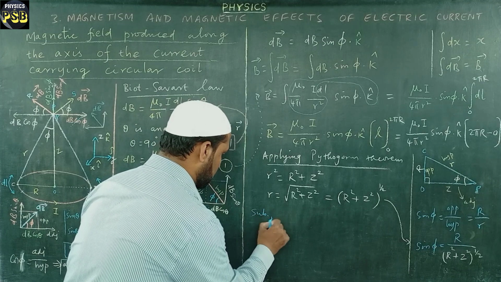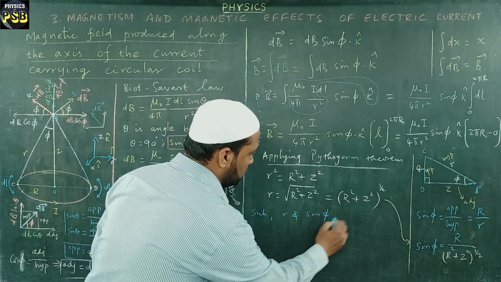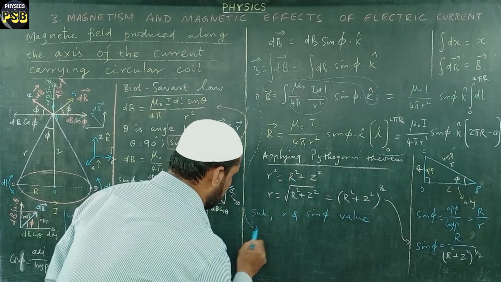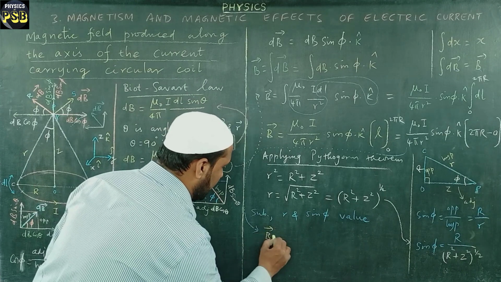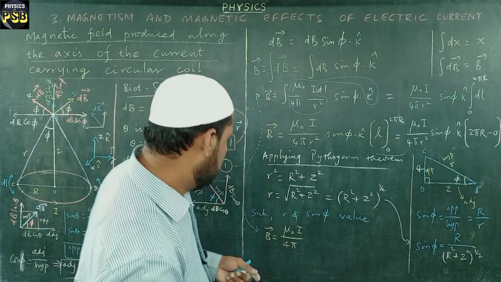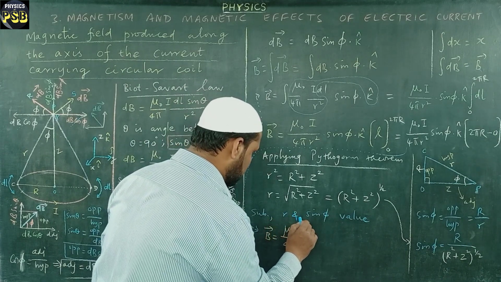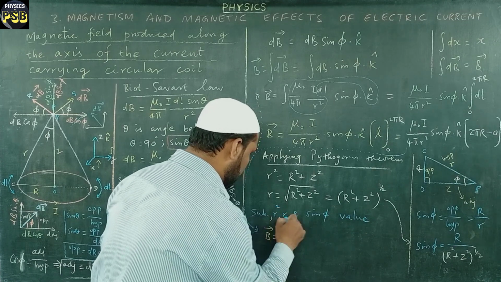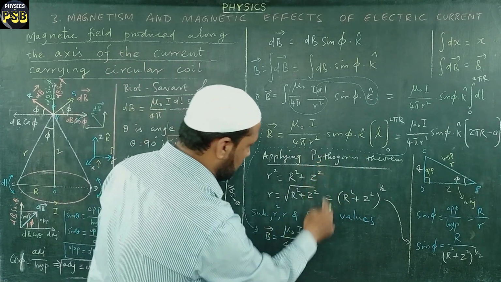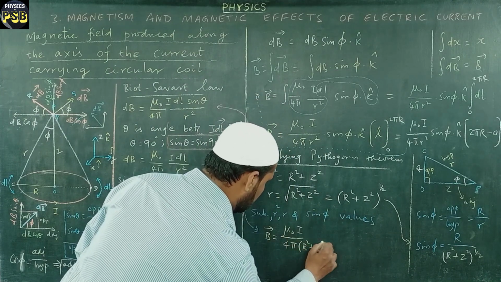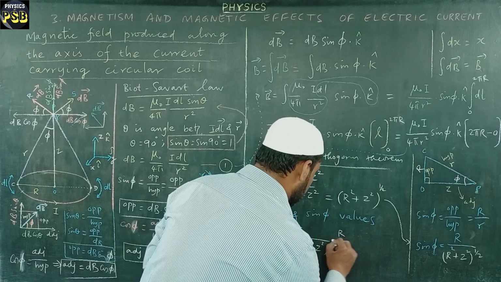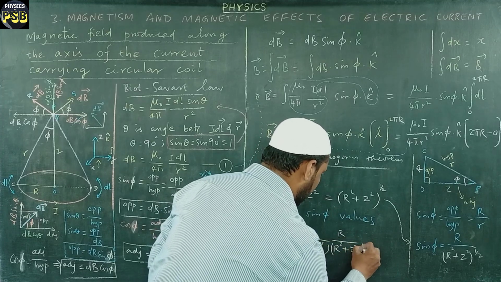Substituting r and sine phi values, I get B vector equal to mu naught I upon 4 pi, then r square is R square plus z square, then sine phi is nothing but R divided by R square plus z square power half.